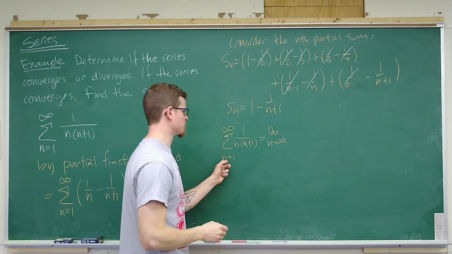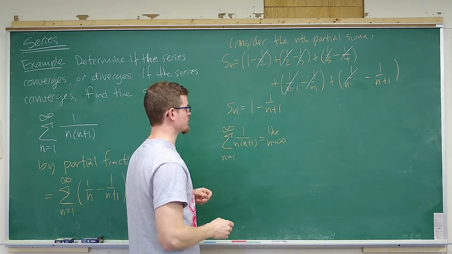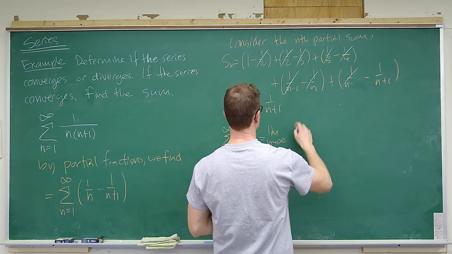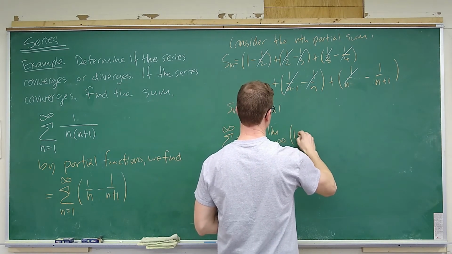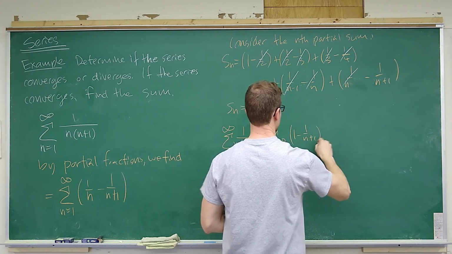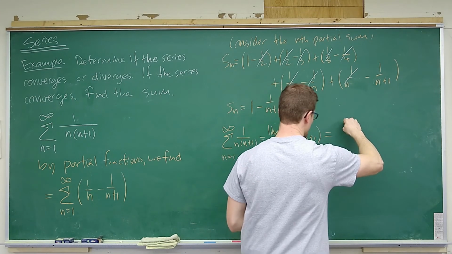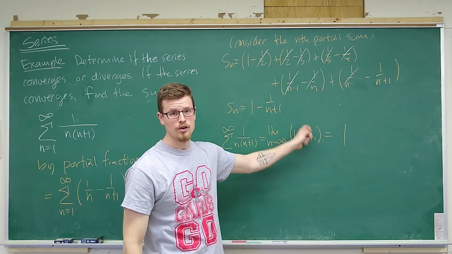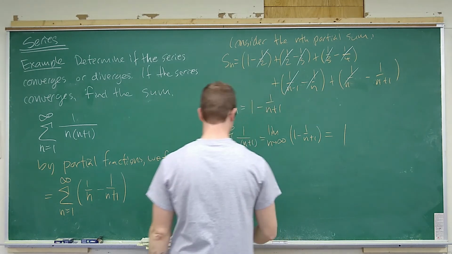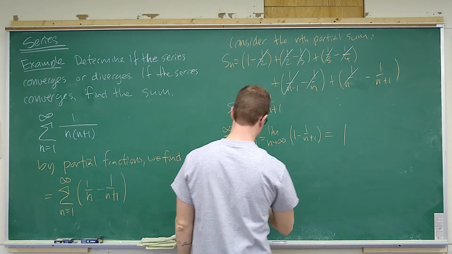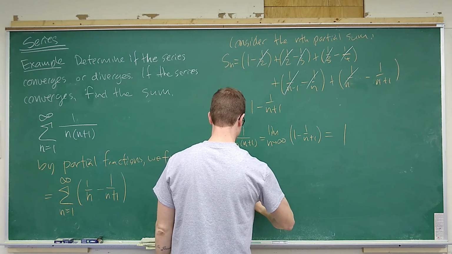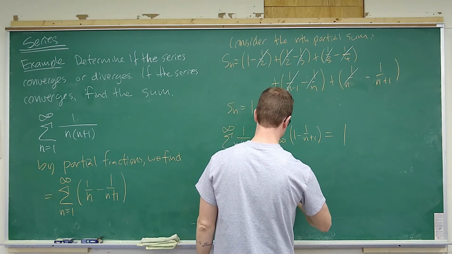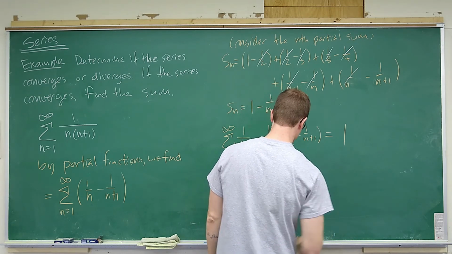Maybe it would have been better to use j or k for our series and let n refer to the partial sum. So limit of 1 minus 1 over n plus 1, and this is equal to 1, because as n goes to infinity, this quantity goes to 0. So that gives us exactly that the sum from n equals 1 to infinity of 1 over n times n plus 1 is equal to 1.